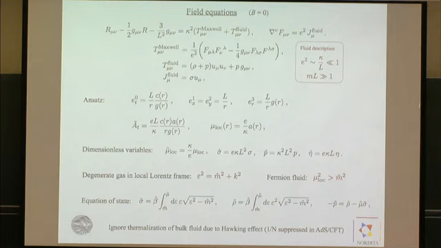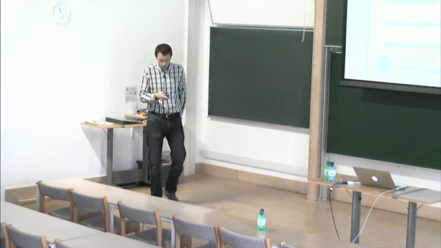And in order to get a system to solve, you have to, of course, also get some equation of state for this fluid, and there we will make the assumption that this is a degenerate gas in the local Lorentz frame. This is motivated by the fact that this thing has a quantum wavelength that is small compared to the scale on which the geometry is varying.